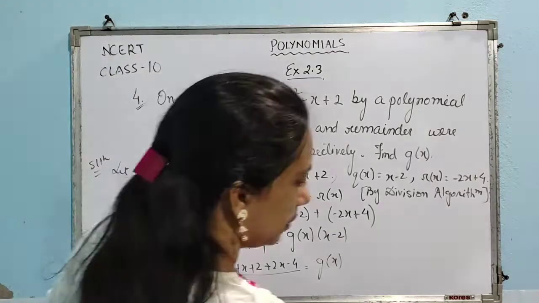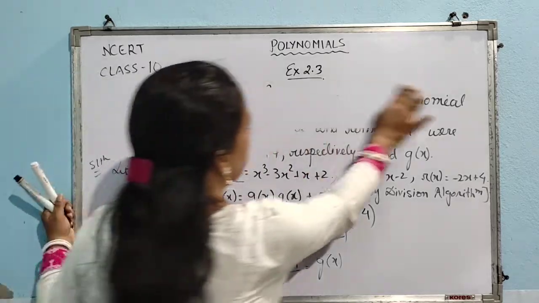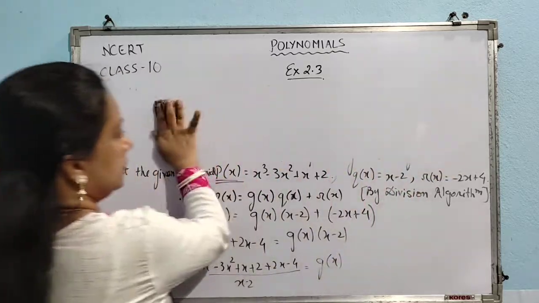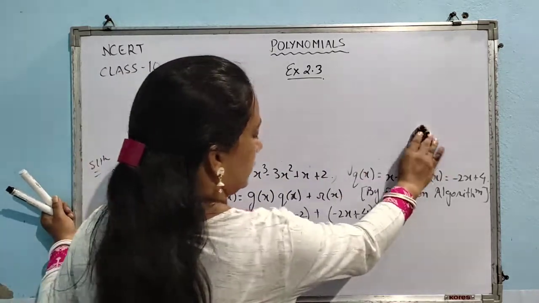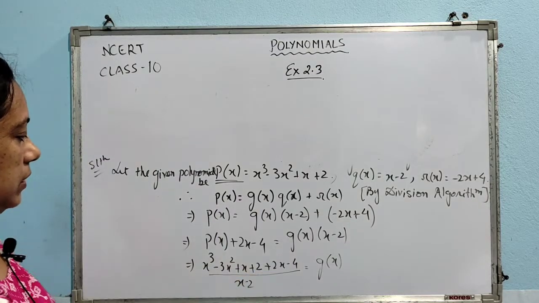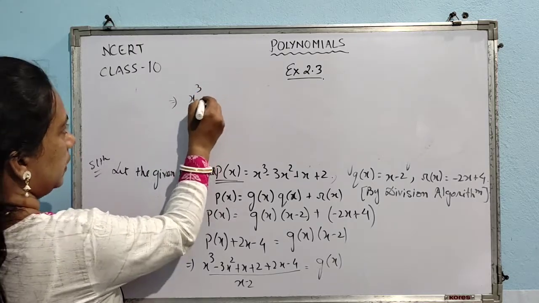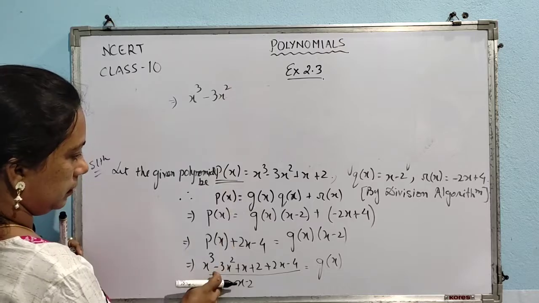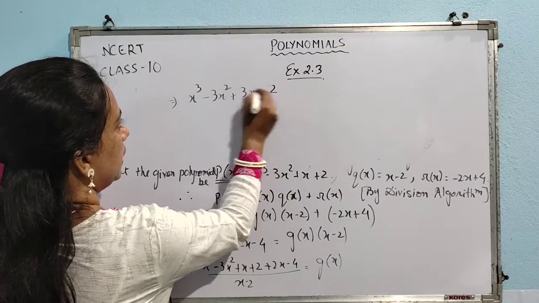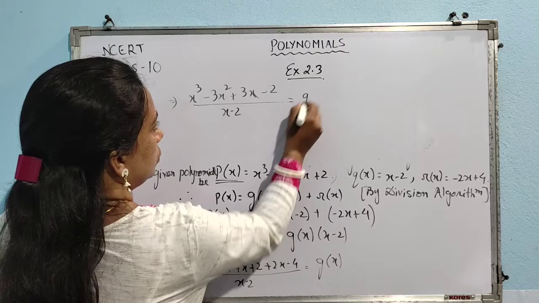So x cube minus 3x square plus x plus 2 plus 2x minus 4, which gives x cube minus 3x square plus 3x minus 2, divided by x minus 2, is equal to g of x.